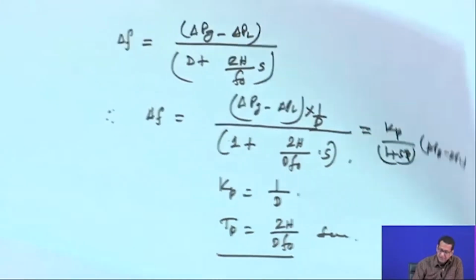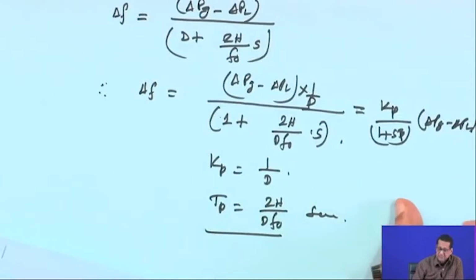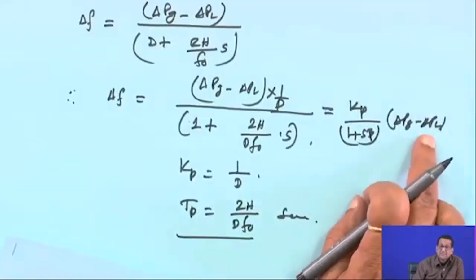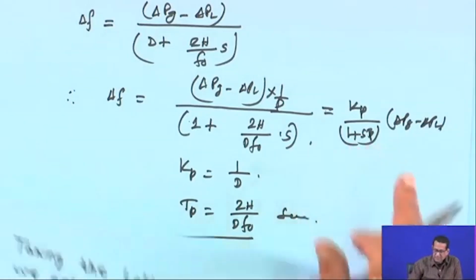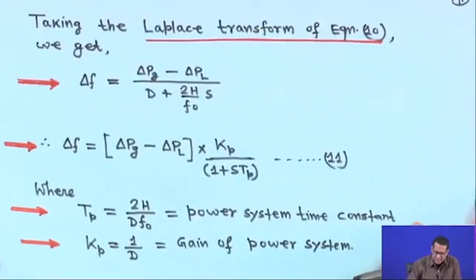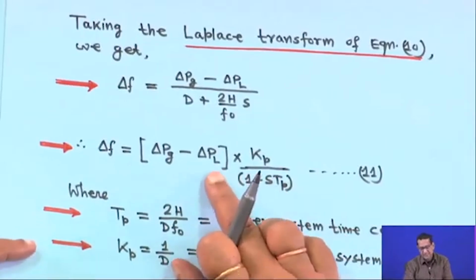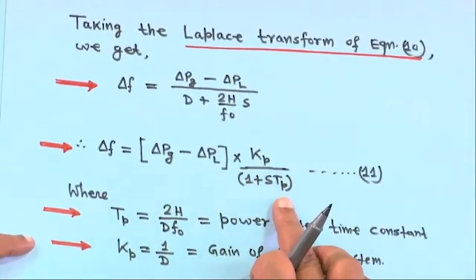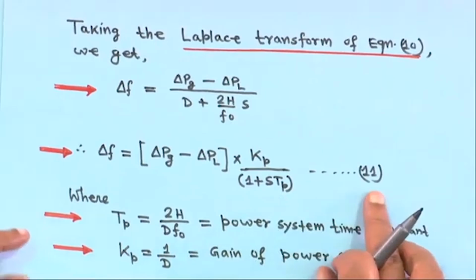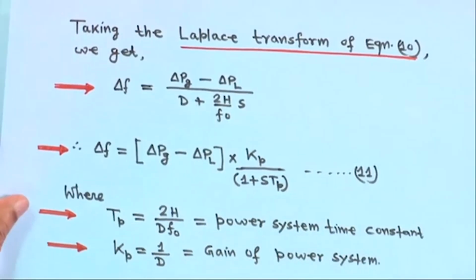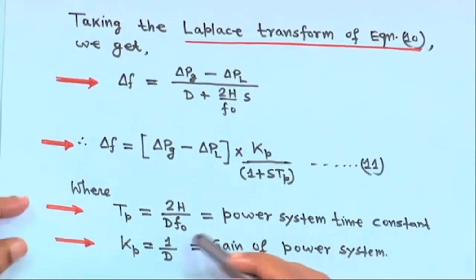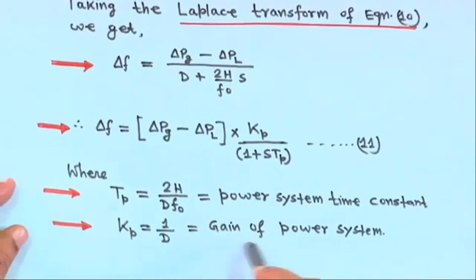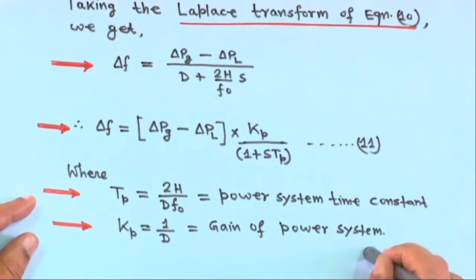It is the same thing; I have just written the left hand side here and the right hand side there. So delta F is equal to delta Pg minus delta PL into Kp upon 1 plus sTp. This is equation 11, where Tp is the power system time constant 2h upon d f0, and Kp is equal to 1 upon d, which we sometimes call the gain of the power system.